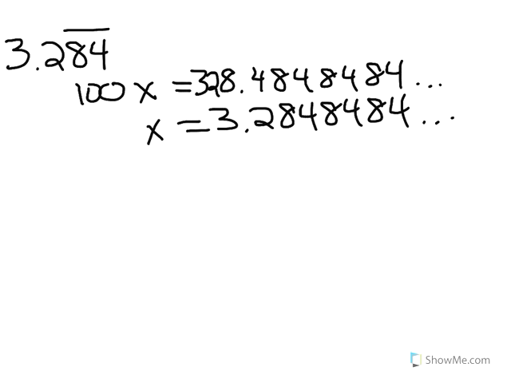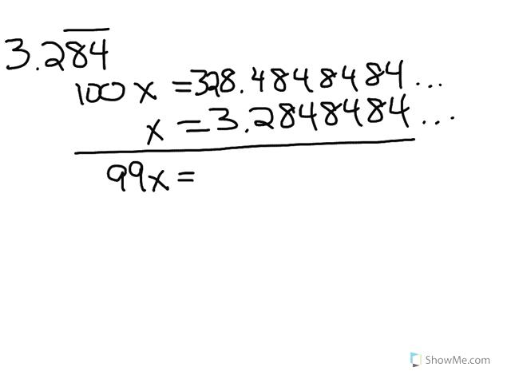As before, subtract the equation on the second line from the equation on the first line. 100x minus x is 99x. All of the infinite series of 84s cancels to this point, with the tenth place still intact. 328.4 minus 3.2 is 325.2.